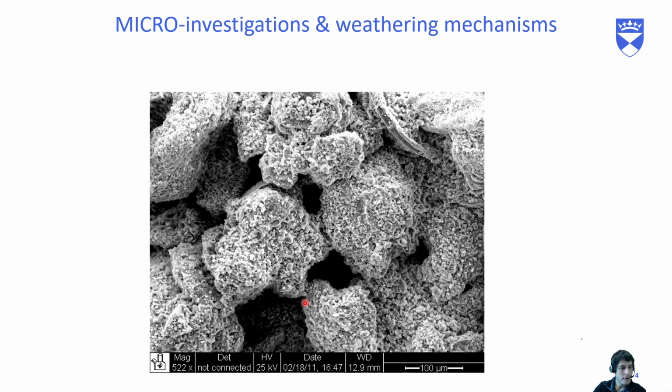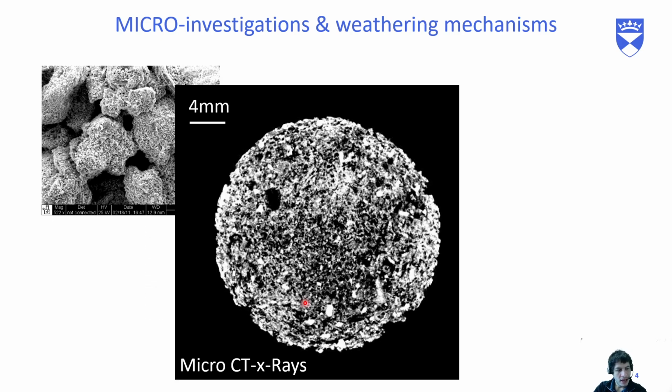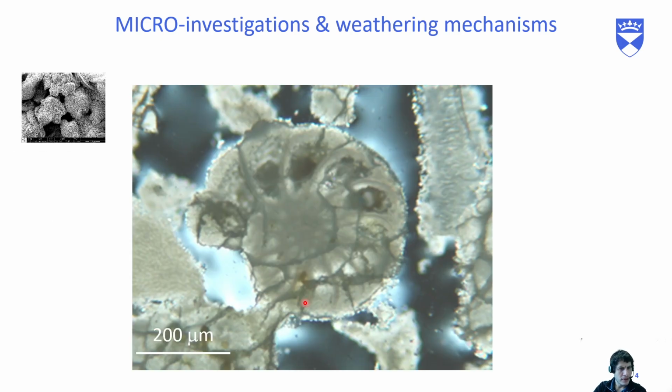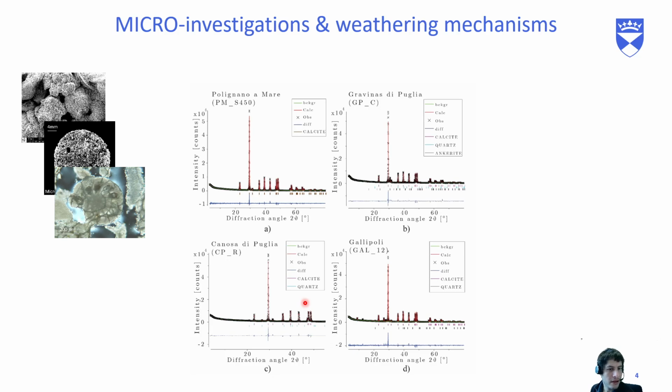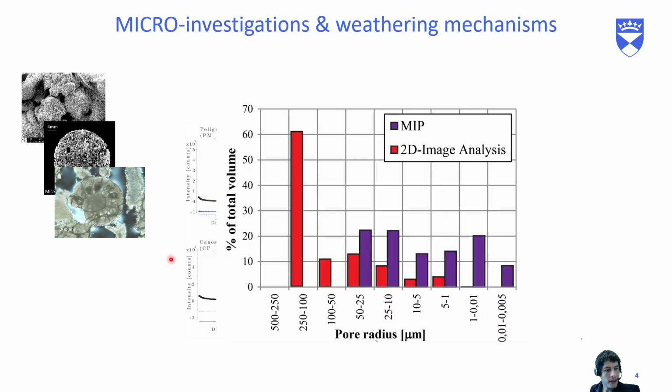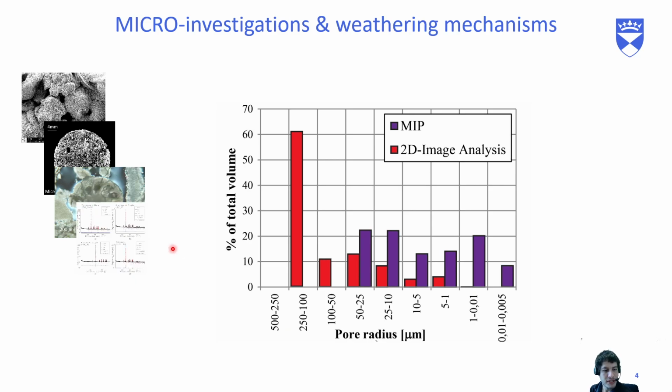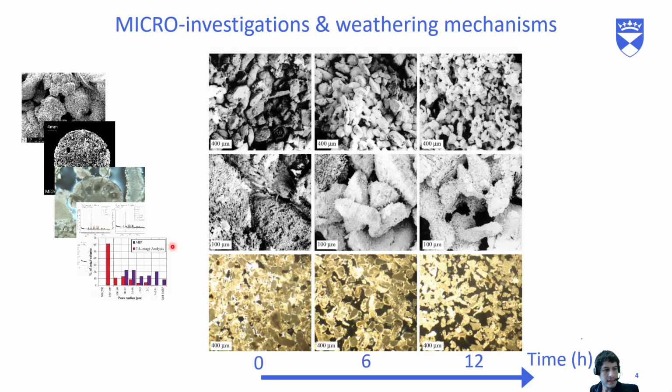In particular, SEM images, X-ray CT scans of the soft rock, thin sections, XRPD to identify the calcium carbonate composition of the rock, MIP and 2D image analysis for the pore radius distribution, and SEM and thin sections of the intact rock and progressively damaged rock were performed.